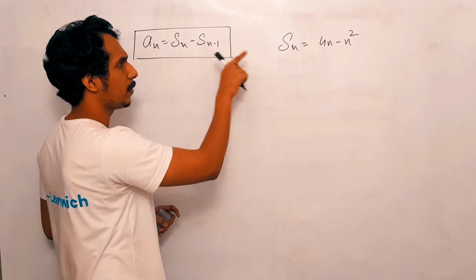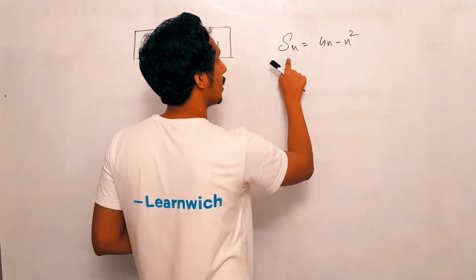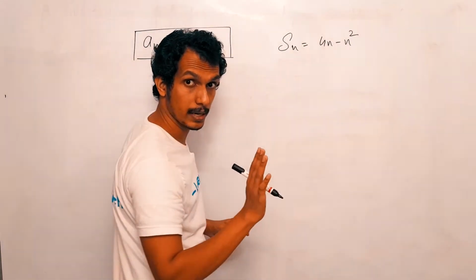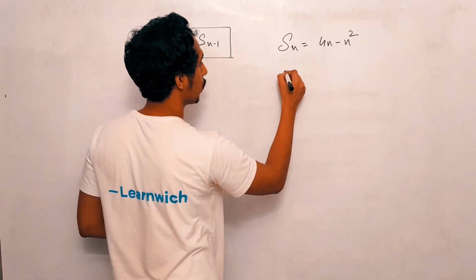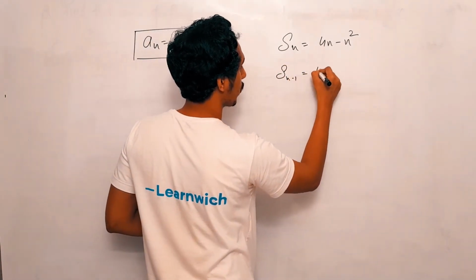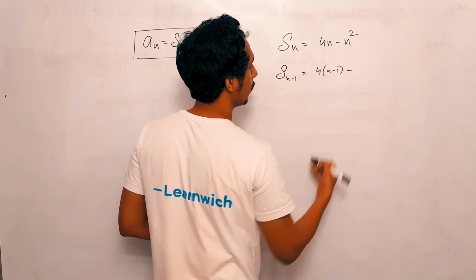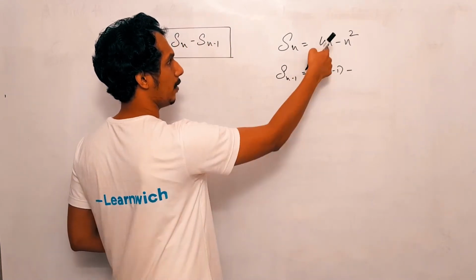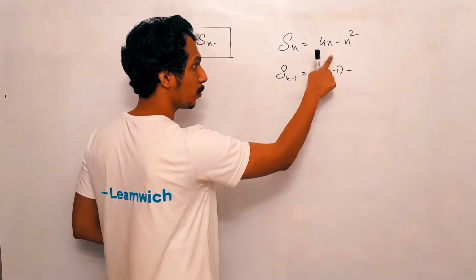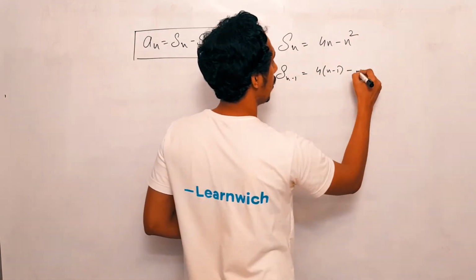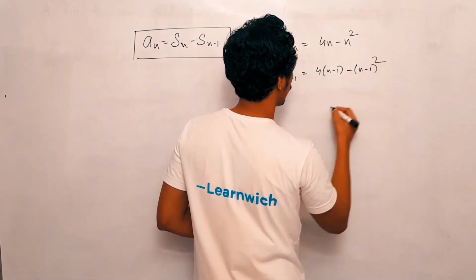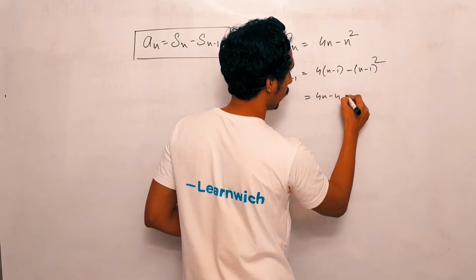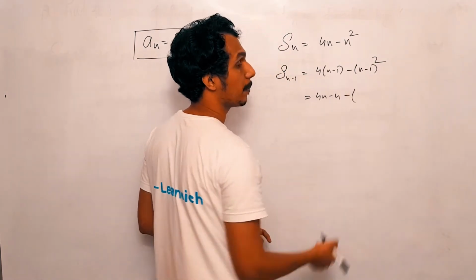Now let's substitute the values, because in the question it is given Sn is equal to 4n minus n square. Then what will be S of n minus 1? S of n minus 1 will be 4 into n minus 1 minus, wherever there is n, replace n by n minus 1, minus n minus 1 whole square. So that will be 4n minus 4 minus, what is a minus b whole square?